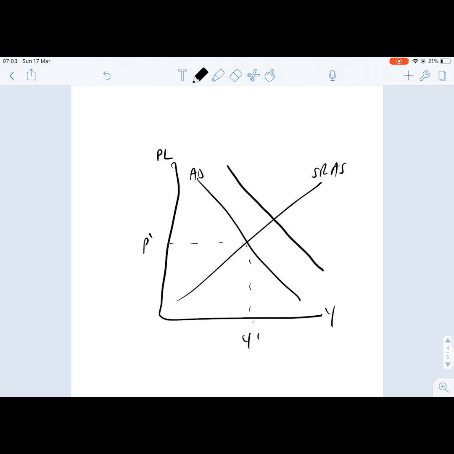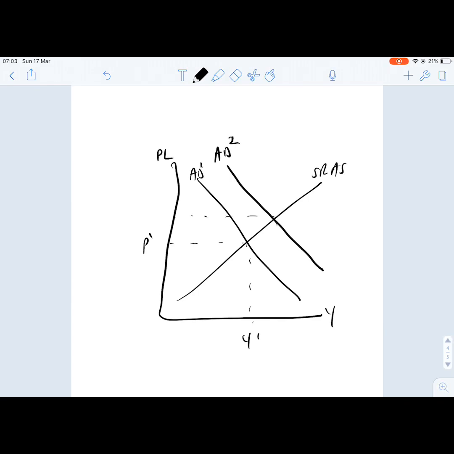If there's an increase in aggregate demand, so that can be an increase in consumption, an increase in investment, an increase in government spending, or an increase in exports from overseas, or a decrease in imports, then aggregate demand will increase from AD1 to AD2.